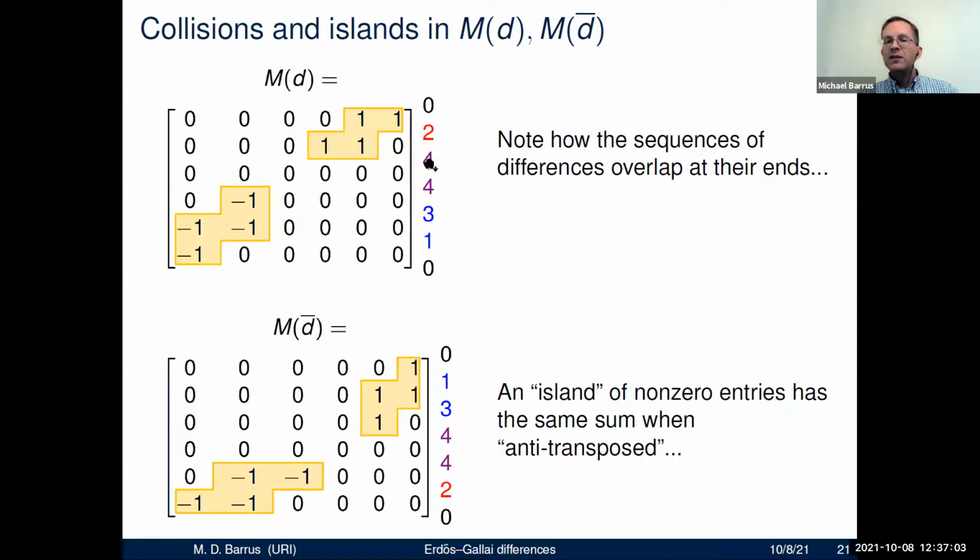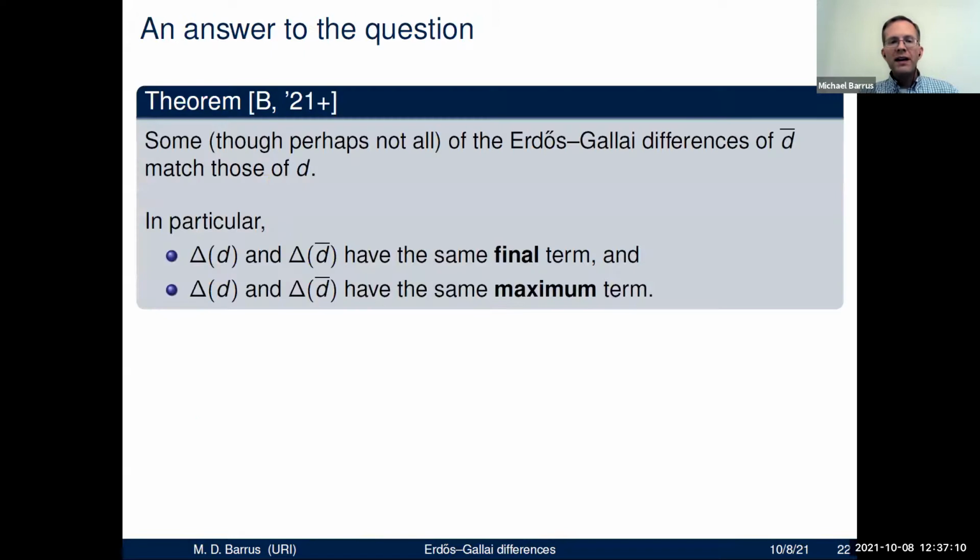It may be in a different position than you did originally, but you'll have the same sum. Okay, so that allows us to conclude a stronger statement than this, but it is true that delta of D and delta of D bar have the same maximum Erdős-Gallai difference as you compare the two.